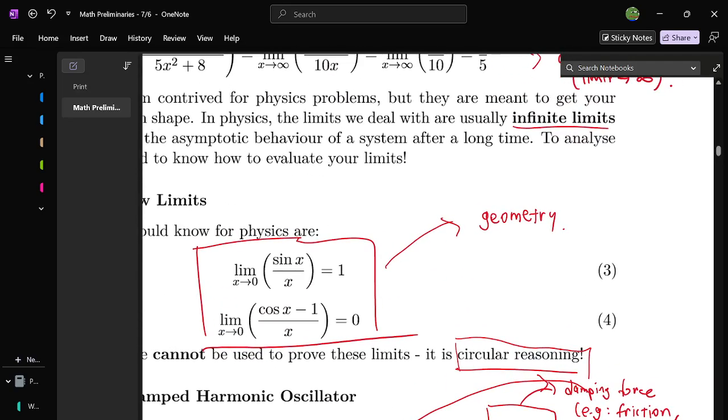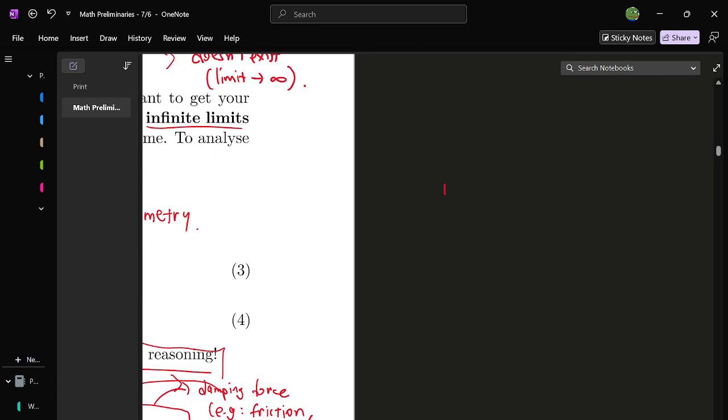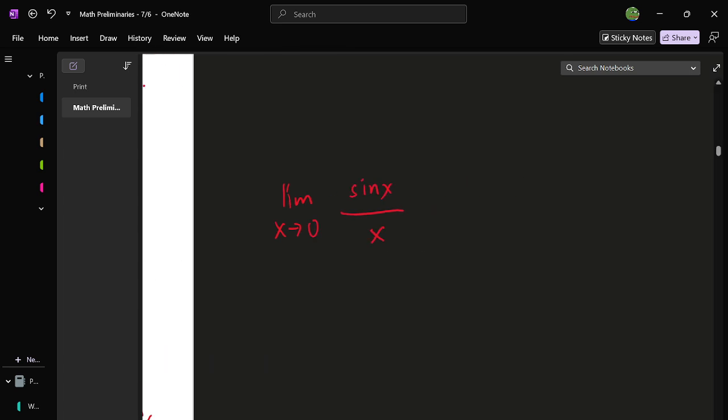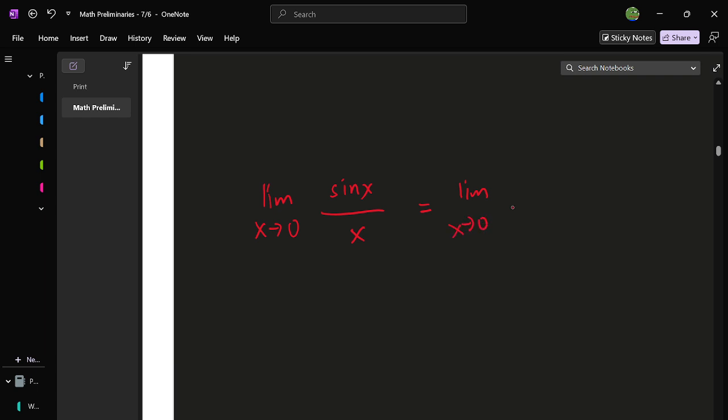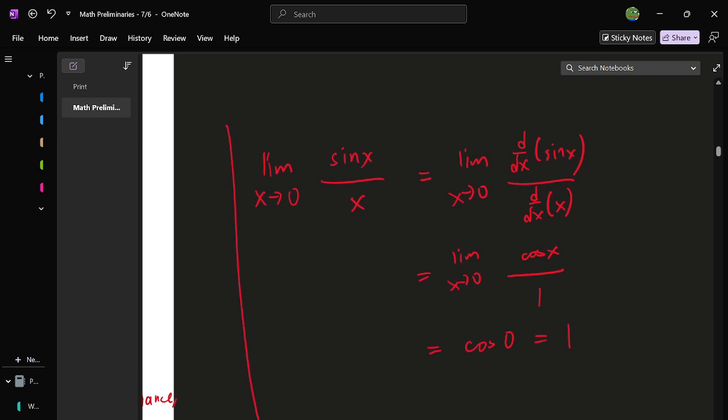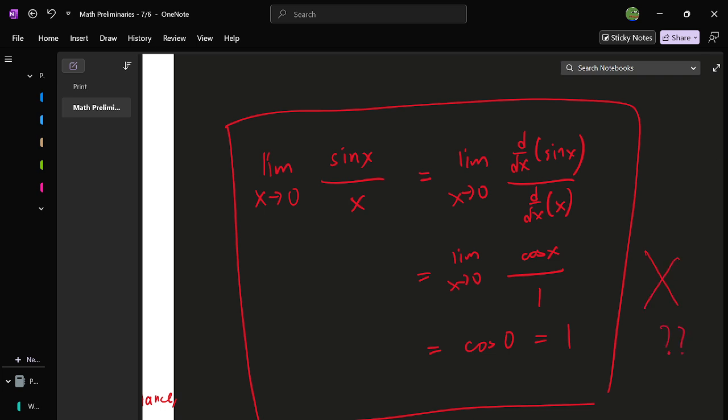So the question is, why is this wrong? The reason why this is wrong goes back to circular reasoning.